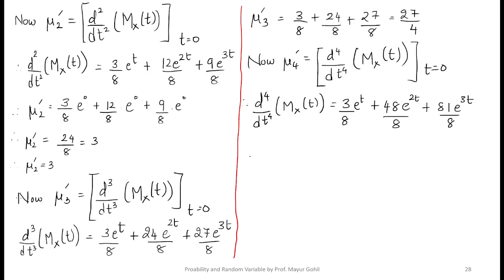Now this, when evaluated at 0, mu4 dash will give me 3 over 8 plus 48 over 8 plus 81 over 8.